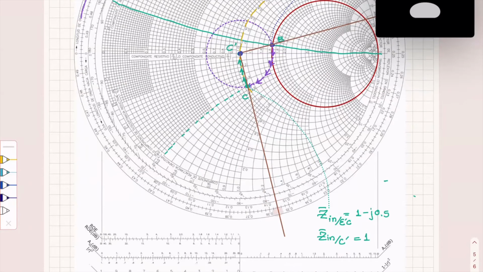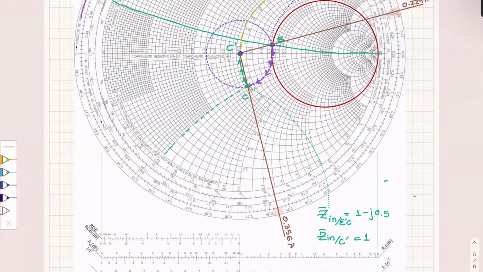And what I read is, let me write it, 0.356 lambda. All right, so I started at 0.229 lambda and I ended at 0.356 lambda. So the difference between these two is going to give me D1.